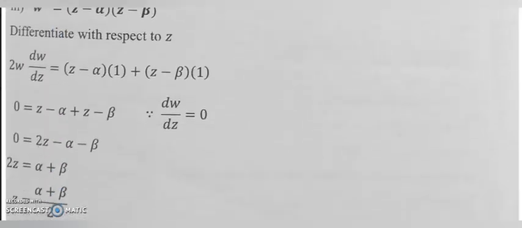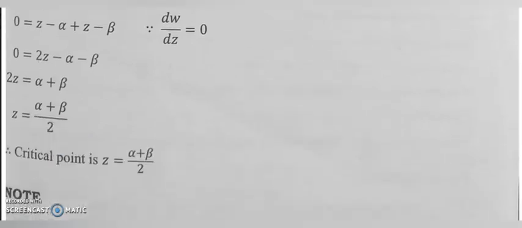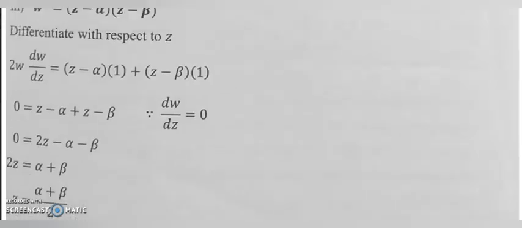Okay, taking the derivative. So we are differentiating with respect to Z. First 2W, then dW by dZ. Then UV product rule you have to use. Z minus alpha, derivative of second term with respect to Z, 1 minus 0 is 1, plus Z minus beta into derivative of this, 1 minus 0, that is 1.